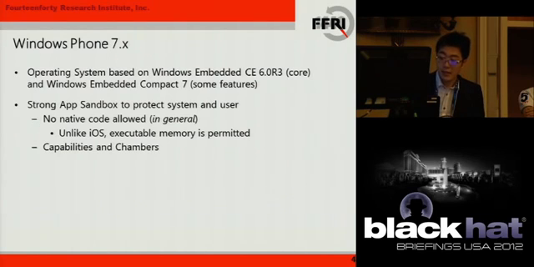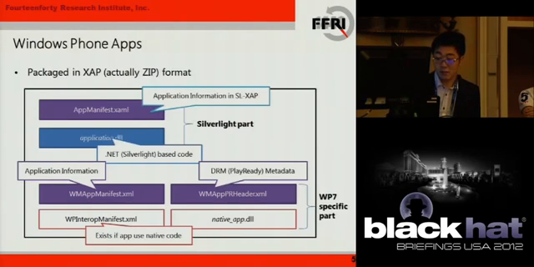So, this is the format of the Windows Phone application package. It's very similar to Silverlight's. In fact, a Windows Phone package is a Silverlight package with a few extensions. The main difference is WMAppManifest.xml.